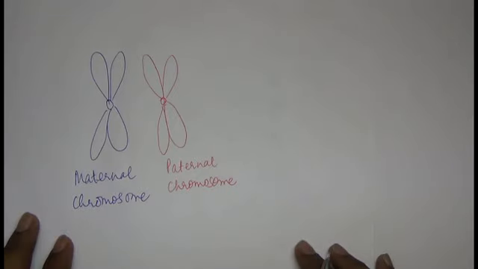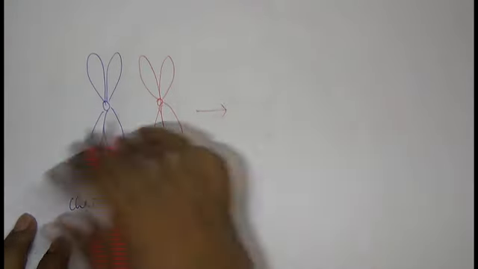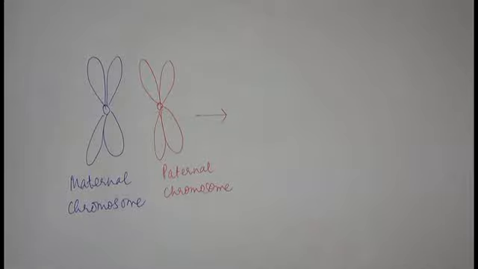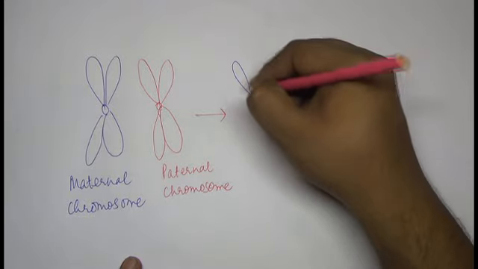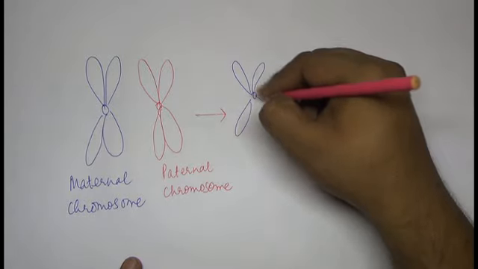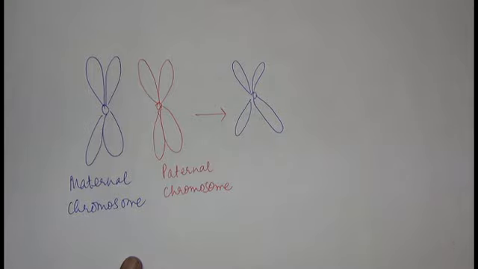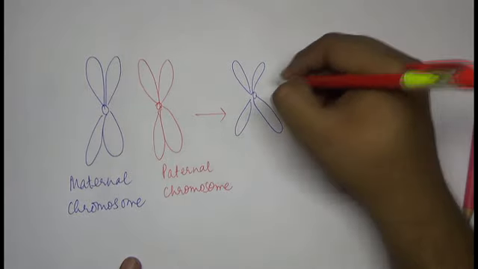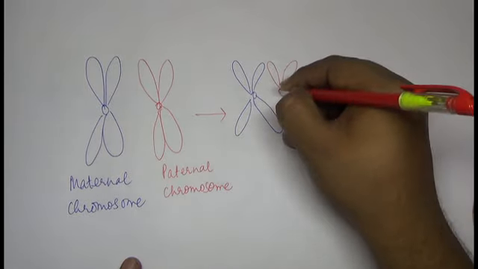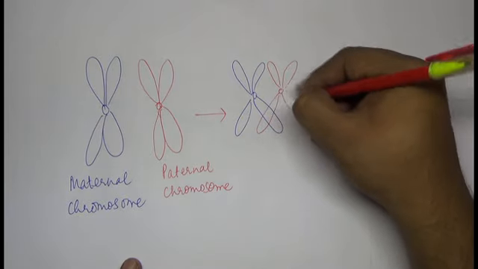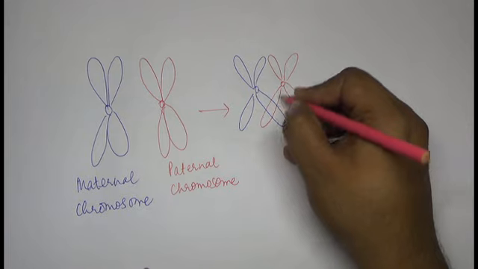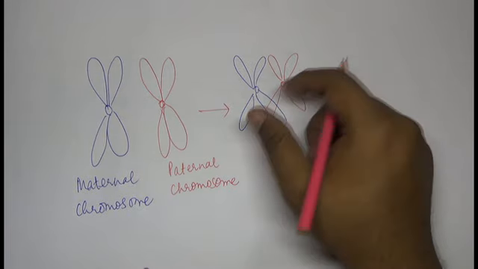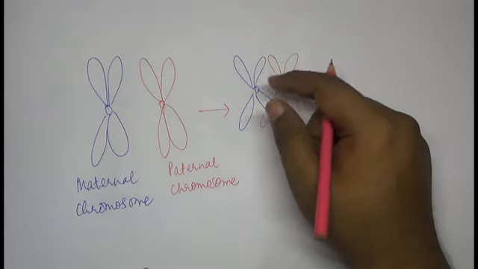Can you see it? Basically, what happens during meiosis? Interchange of the chromatids. If we look at this diagram, we can see that one chromatid of the mother and one chromatid of the father are interlinked with each other, are linked with each other.